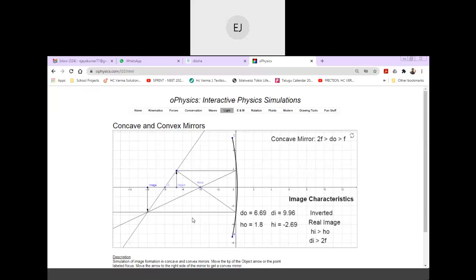Arkapravan has sent that activity, and Sulagna has sent a periscope. Most of you have sent the rainbow formation, and Samir, in your case, the rainbow is not formed. You have to repeat the experiment, Samir. Okay, sir.